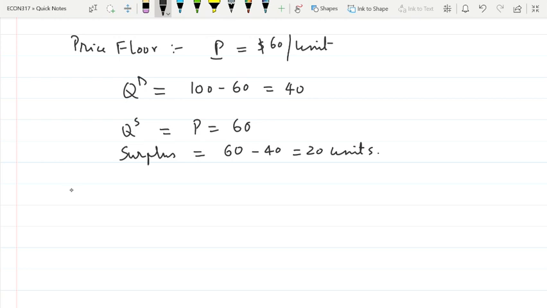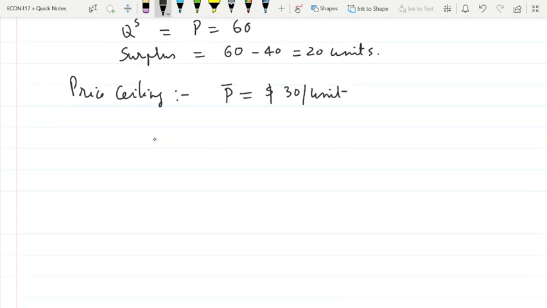Now we would also like to look at an example of price ceiling and its impact on the market. In order for the price ceiling to be effective, it must be below the equilibrium price. So let's have a price ceiling. I put an upper bar to show it is a ceiling. Let's say it is $30 per unit.